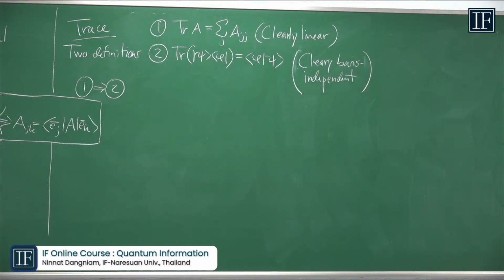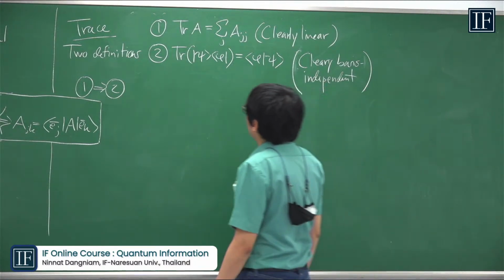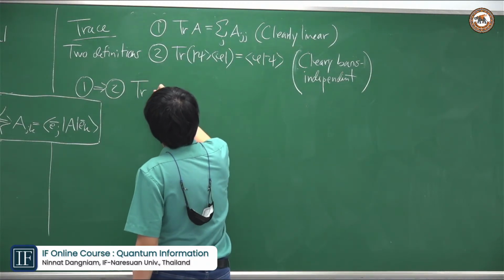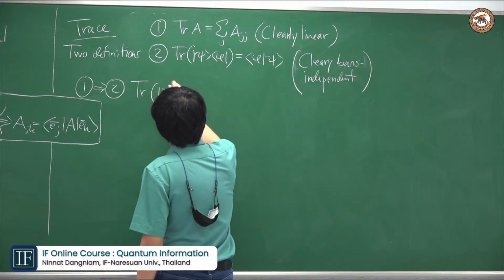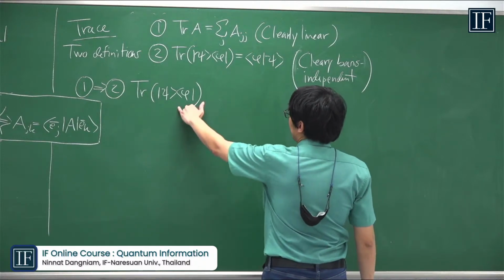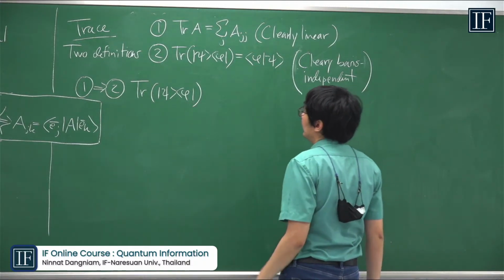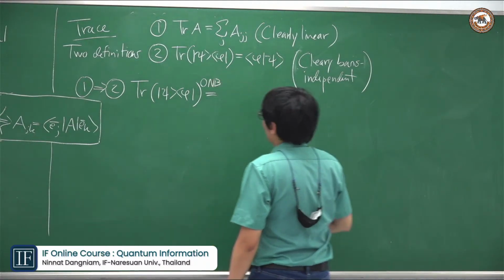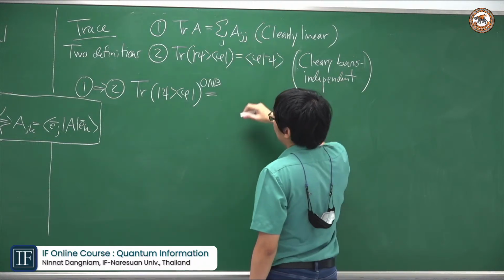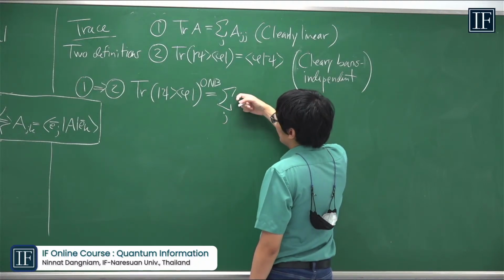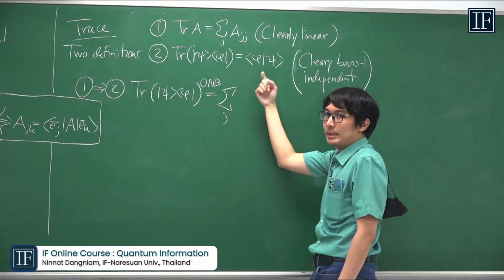So I want to show the second definition using the first. We can do this by assuming an orthonormal basis and then writing this. If I have an orthonormal basis, then according to the first definition, it would just be the sum of the sandwich.